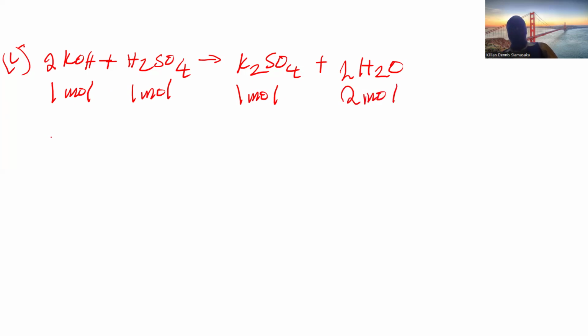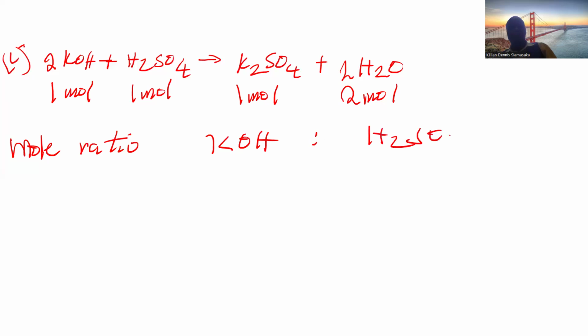So here you have to look at the mole ratio between potassium hydroxide and sulfuric acid. On the balanced equation, potassium hydroxide has 2 moles, as we indicated, and sulfuric acid is 1 mole.